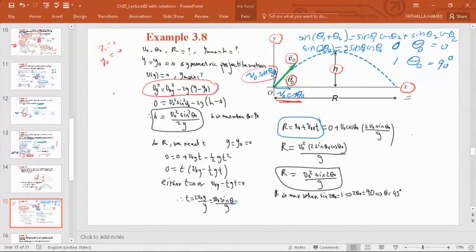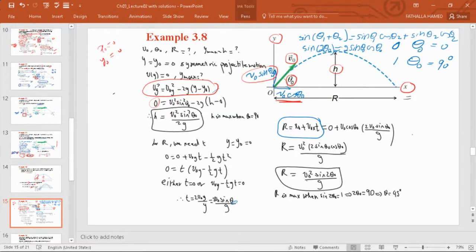At maximum height, your vy will equal 0. Only the y component of your velocity is equal to 0 at maximum height. So out of this equation here, the v0y will equal v0 sine theta 0. So you're squaring that. So you have v0 squared sine squared theta 0 minus 2g times h minus 0. So you have minus 2gh.